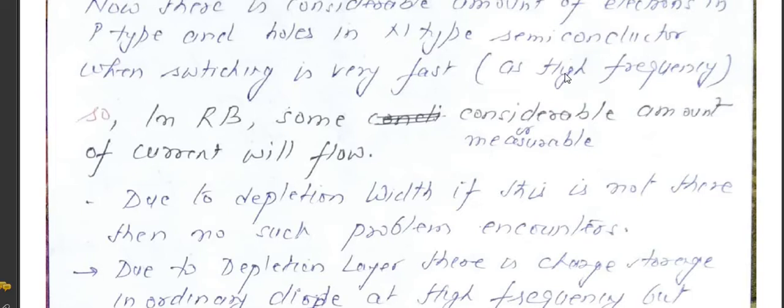Now this was not the case when this same simple diode is working under low frequencies. So we can say in reverse bias some considerable or measurable amount of current will be there which will flow in case of a reverse bias mode of a simple diode.